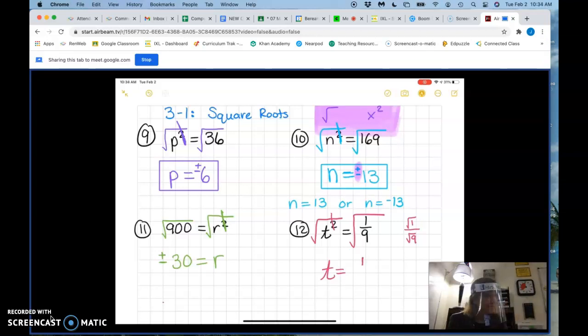Okay, 1 over 3. Yes, 1 over 3 is correct because the square root of 1 is 1 and the square root of 9 is 3. And we don't know if it's positive or negative. Oh, you get bonus points, Cameron, for remembering that. She said, I don't know if it's positive or negative, so I put both signs on there.